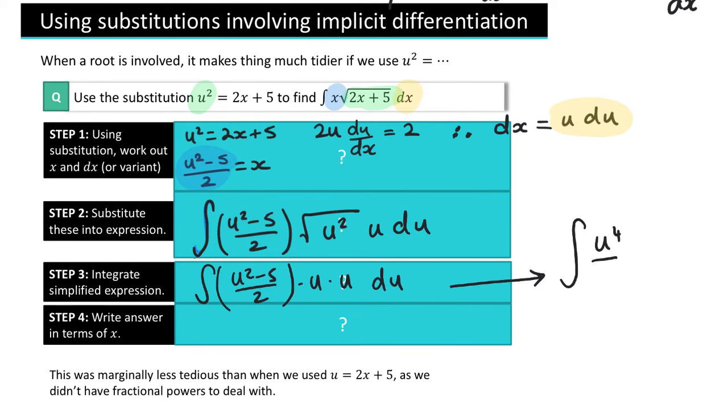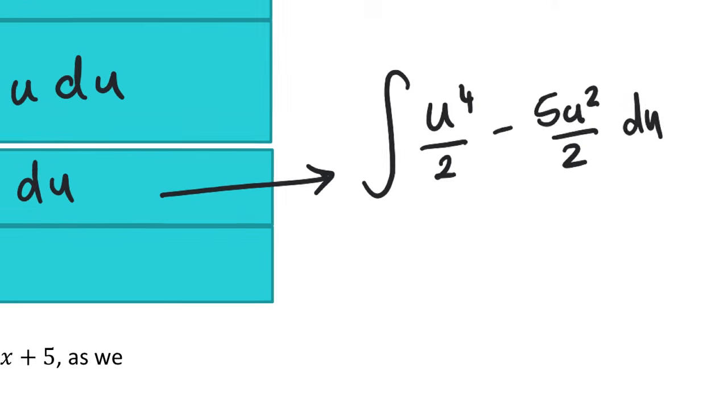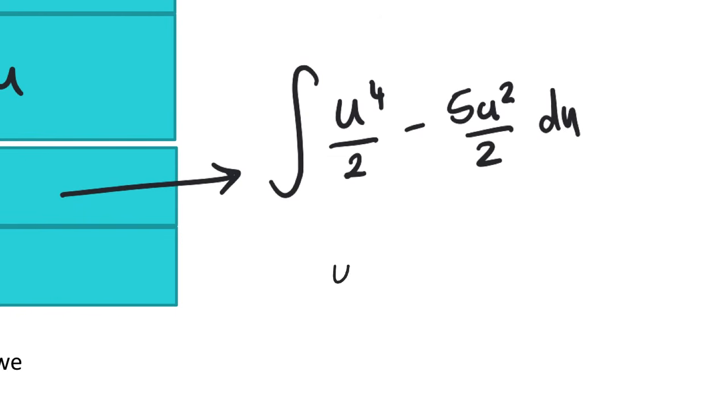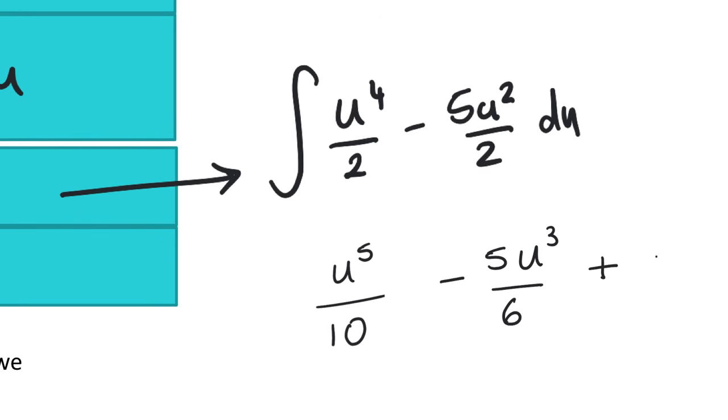U to the power of 4 over 2 minus 5u squared over 2 with du. Okay, now we're going to integrate this as normal. Increase the power by 1. 5 divided by the new power. What does this give me? Increase the power by 1. 3. 5 over 6. Plus c.